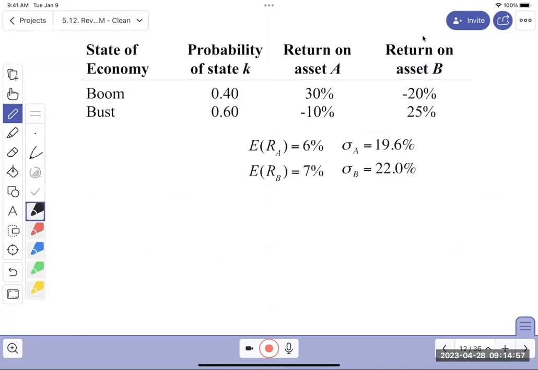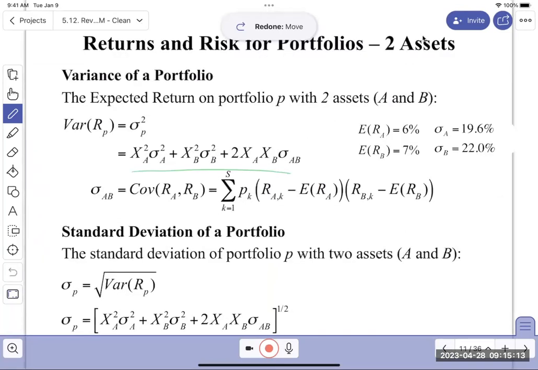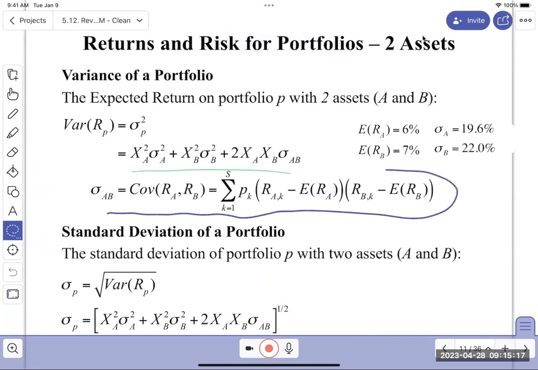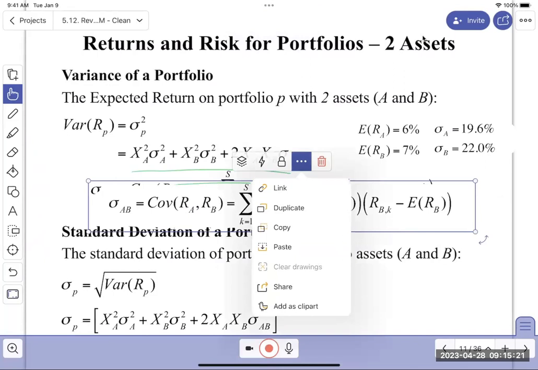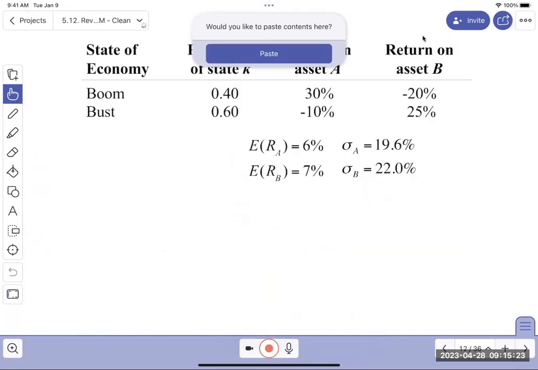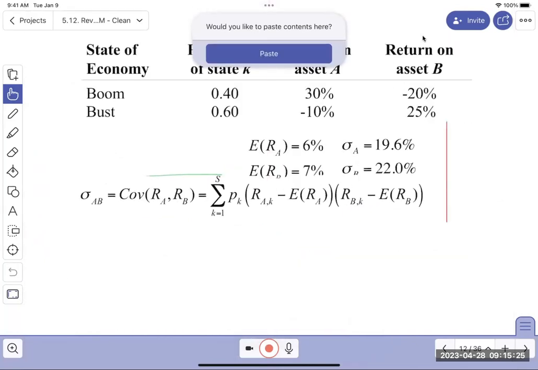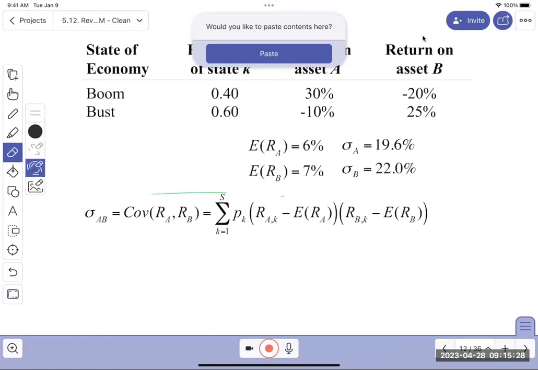And what I need to do is, as I mentioned to you, just make columns. I want to take this formula as well. Okay, so I have everything here.